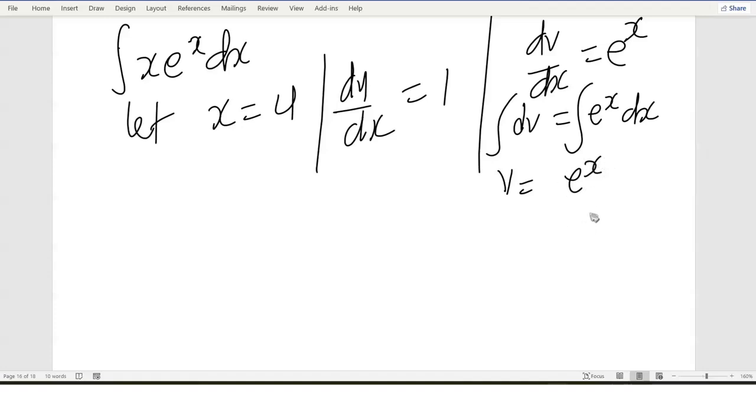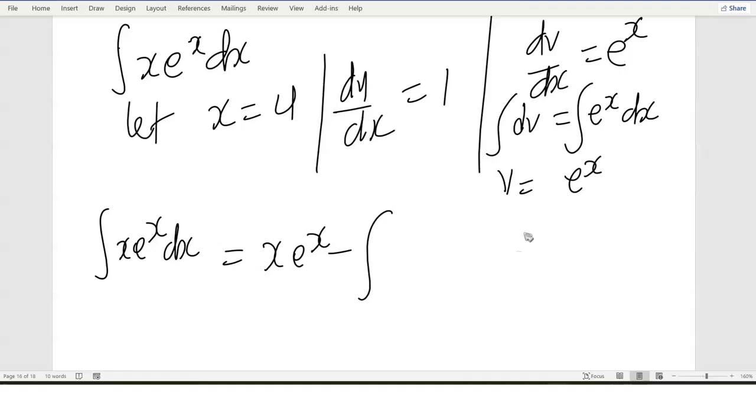So what about now the integral of x exponential of x with respect to x will be uv, which becomes x exponential of x, then minus integrating v, which is exponential of x, times du dx, which is 1.